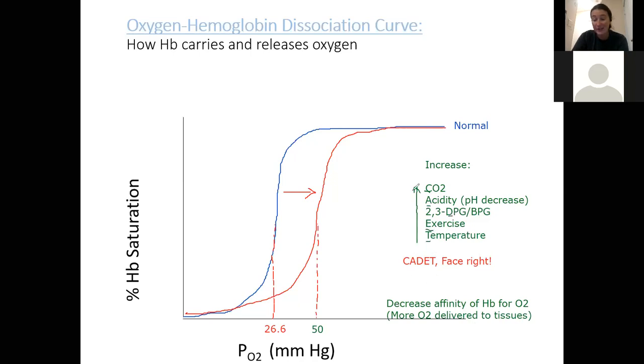Anytime there's an increase in any of these things, the entire curve is going to shift to the right, which is going to lead to a decreased affinity, which is going to lead to more oxygen delivery to your tissues. Again, I know there's a lot of crazy terms here. It's a pretty big concept. Any questions before we move along? I'm sure you'll go back and watch again.